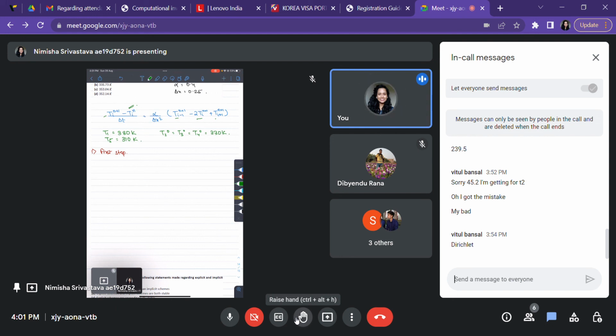Right? So for first step, T2 not. If you have it there, 0.6, that would remain the same.